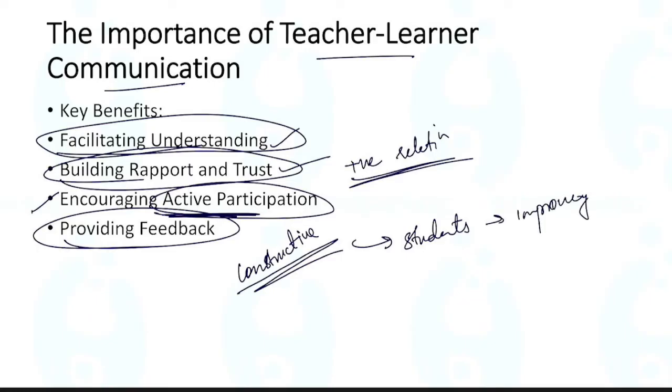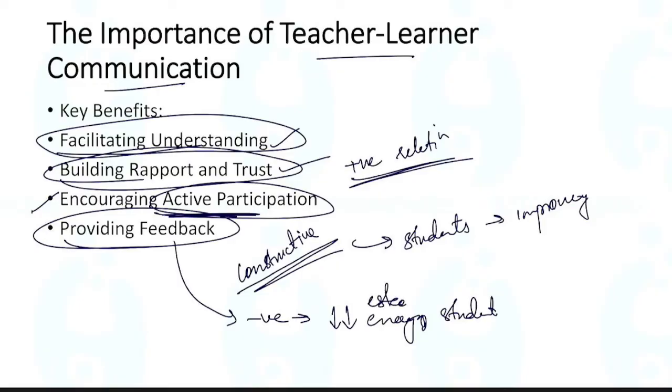If the feedback is negative and discriminative, that will cause low energy, and the self-esteem of the student will also be affected, and that will not be good for the teacher student relationship. Fine.